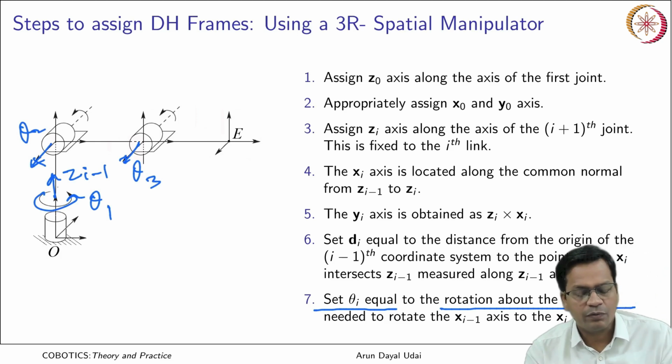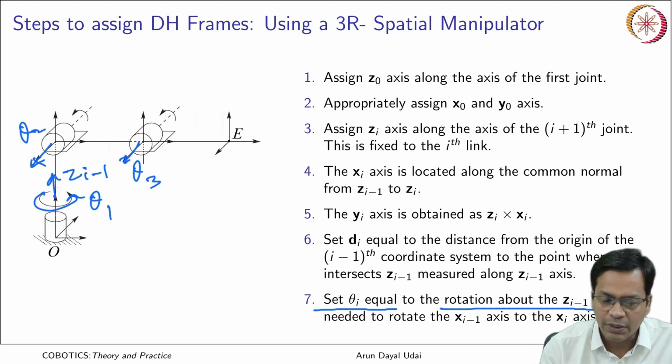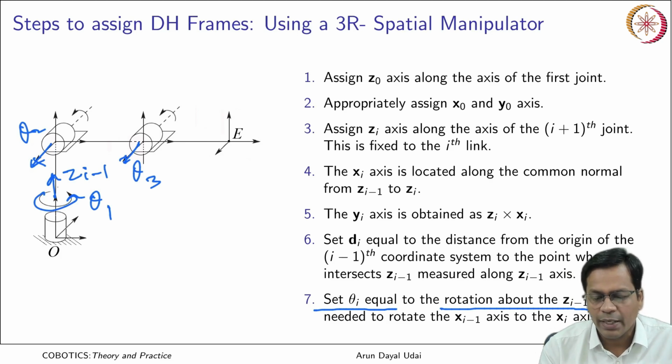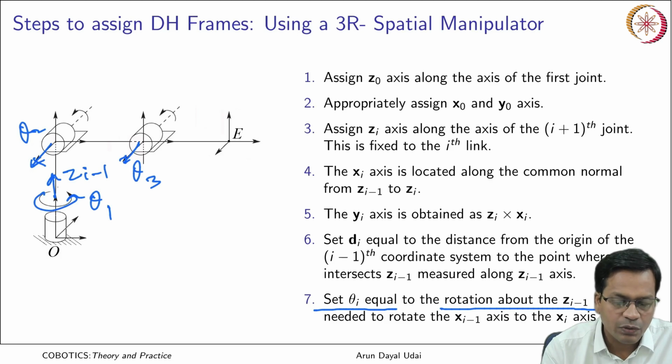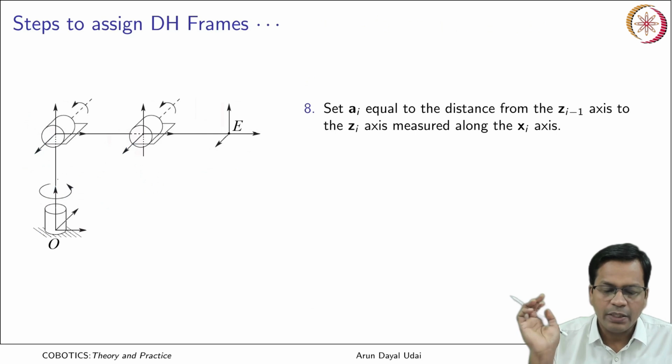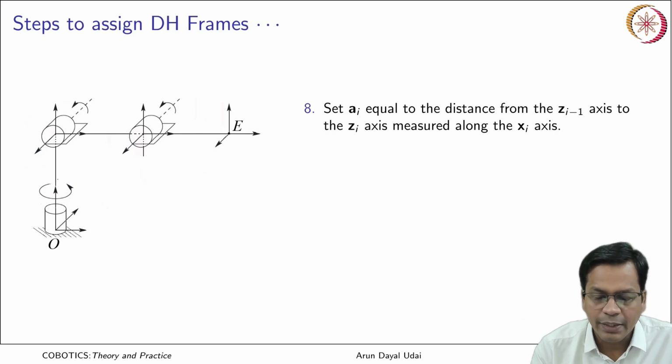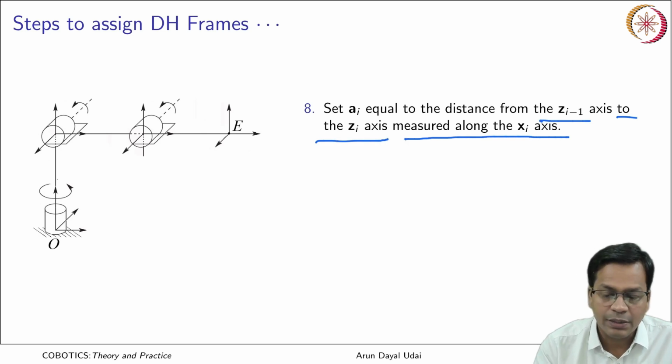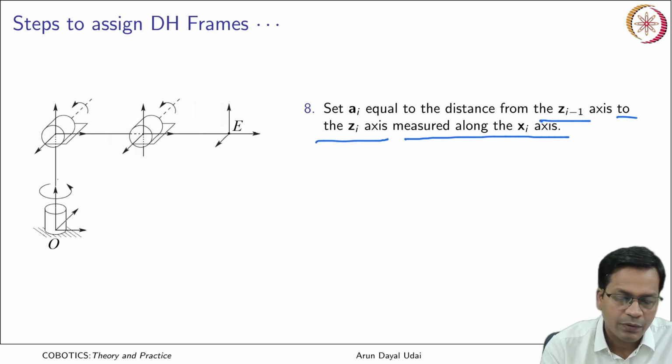Over here all three were revolute joints, so theta i is the rotation about the axis zi-1. This was your z0, this is theta 1, this is z1, theta 2, z2, theta 3, this is z3, and there is no further link here. Now ai is equal to the distance from the zi-1 axis to the zi axis measured along xi. This is actually the link length.